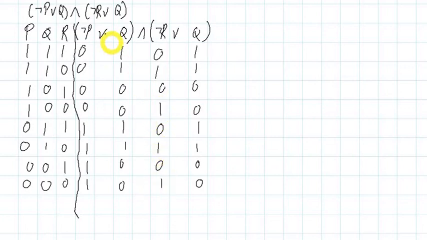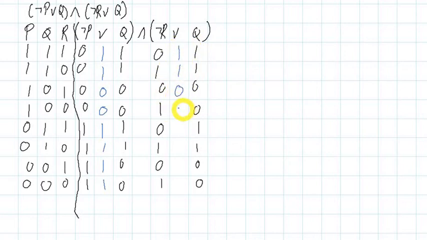Alright, so now we can find the disjunction values here. So we're going to use a different ink this time. As long as there is 1, the value will be 1. So this is true, 1. This is also 1. This is 0, 0, 1, 1, 1, and 1. Similar here because this is also a disjunction. So as long as there is 1, this will become 1.